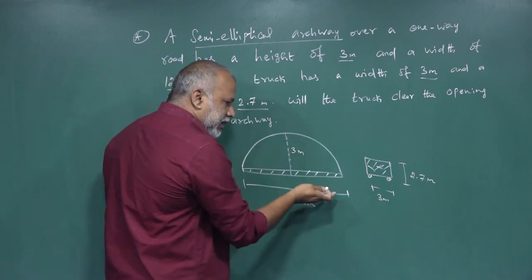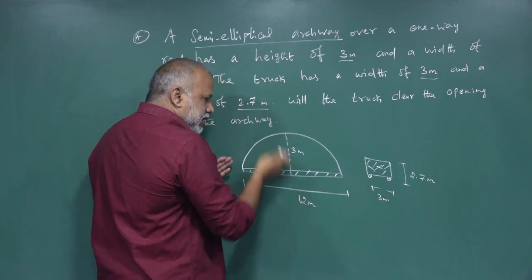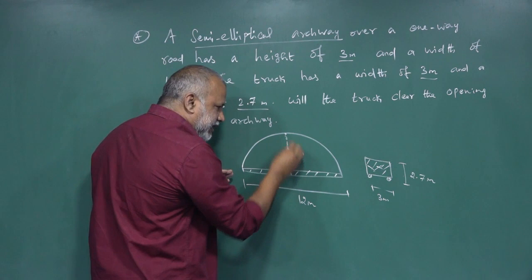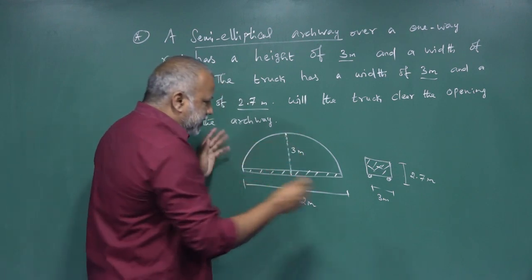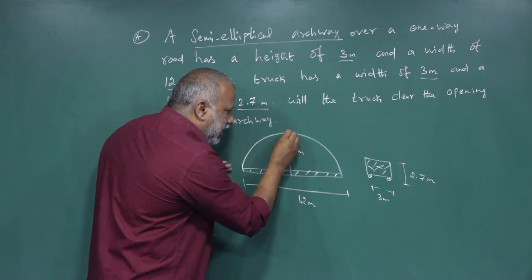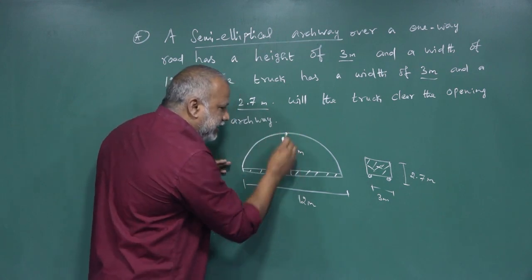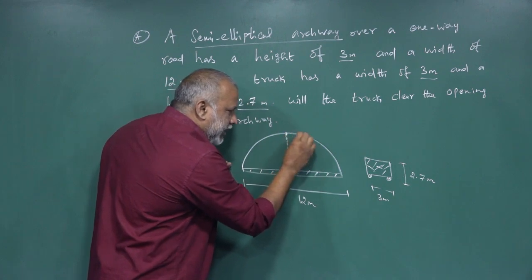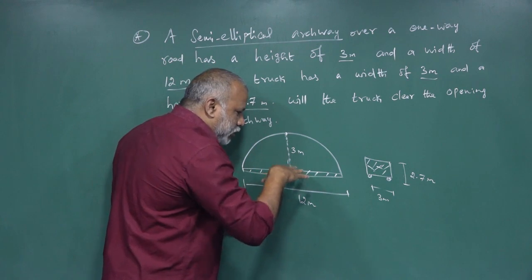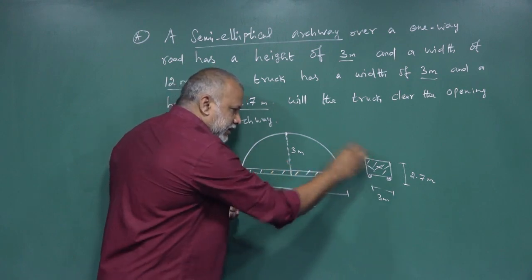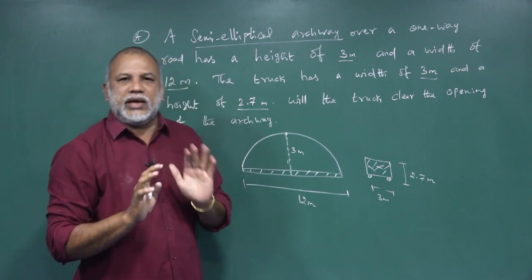See this semi-elliptical arch, 12 meter width, 3 meter height at the center only. After the center, the height should be reducing. So will the truck passing through this archway clear it or not? That is the question they are asking.